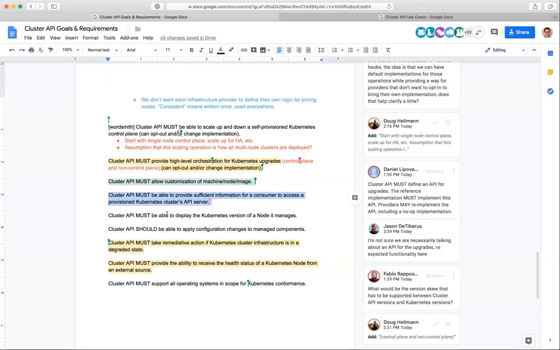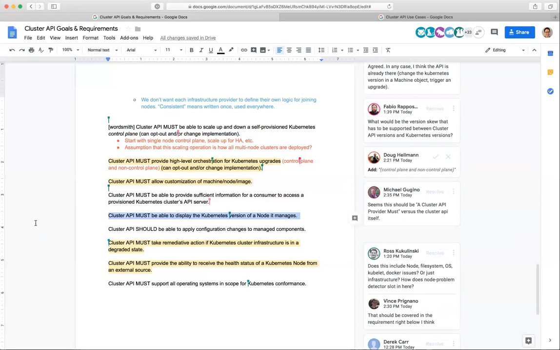All right. Cluster API must be able to display the Kubernetes version of a node it manages. So if we are provisioning machines or pods that represent Kubernetes, we want to make sure that using cluster API types, we can figure out what version of Kubernetes is running on there, or other distributions. And Jason, is there more that you wanted to say around this one?